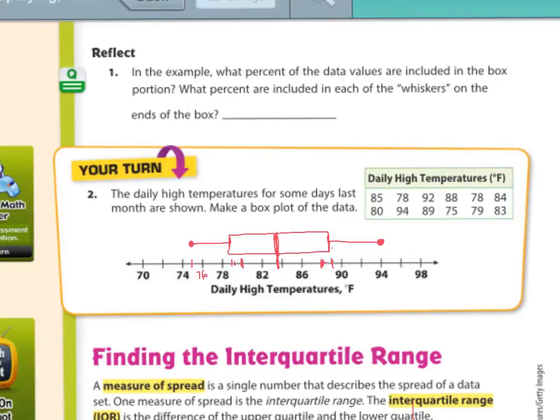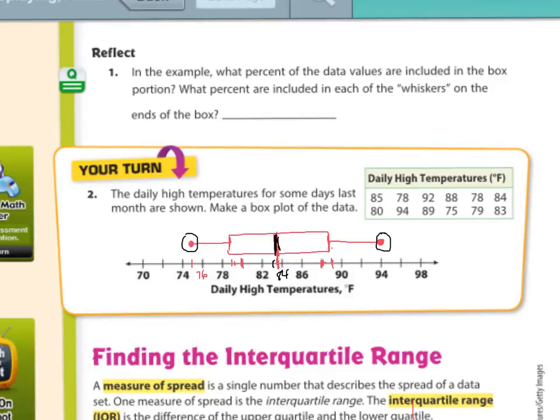All right, so let's analyze this box real quick. The biggest number is where this dot is up here, 94. The smallest number is down here. It was 75. Okay, and then that was 82, 80, this number is 84. So that was like, what, 83 and a half is our mean.